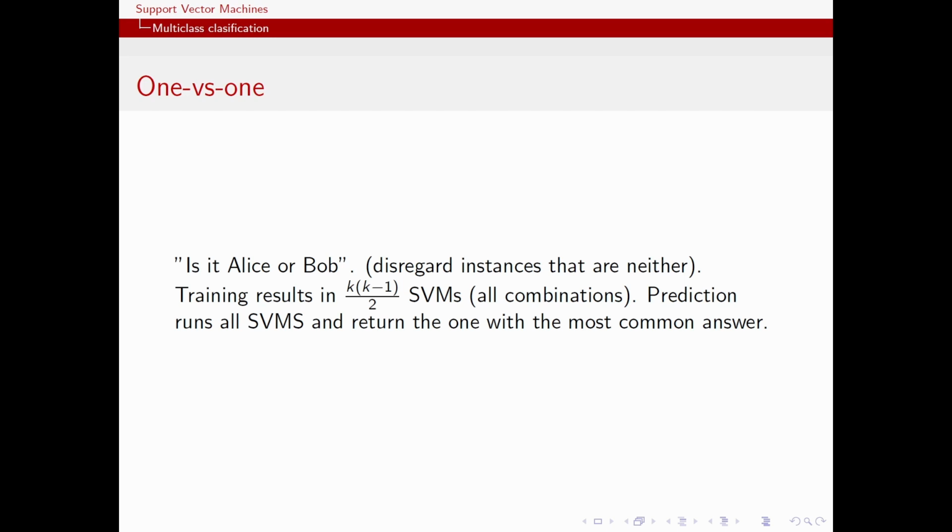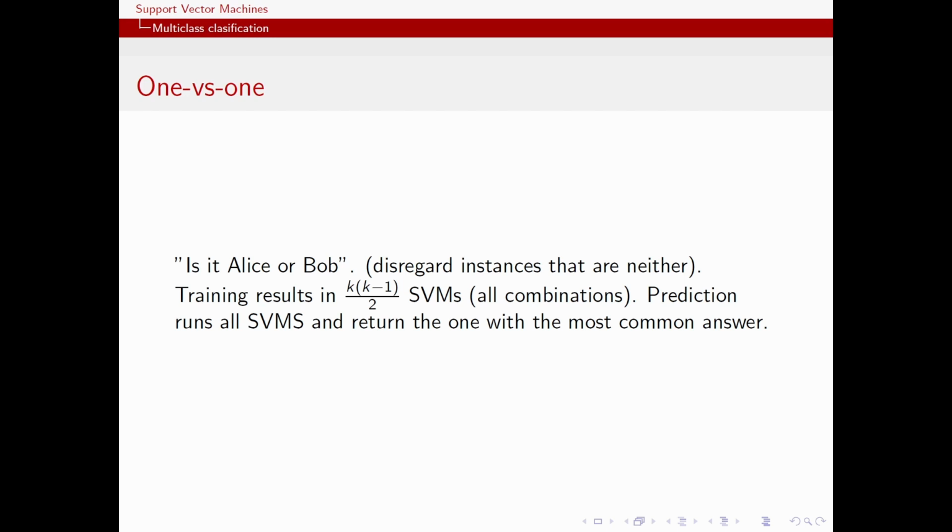So we train one support vector machine per pair of classes. If we are talking about k classes, then we need k times (k minus 1) divided by 2 classifiers, because we need all the possible pairs that we can find. And the order doesn't matter. Alice or Bob is the same as Bob or Alice.